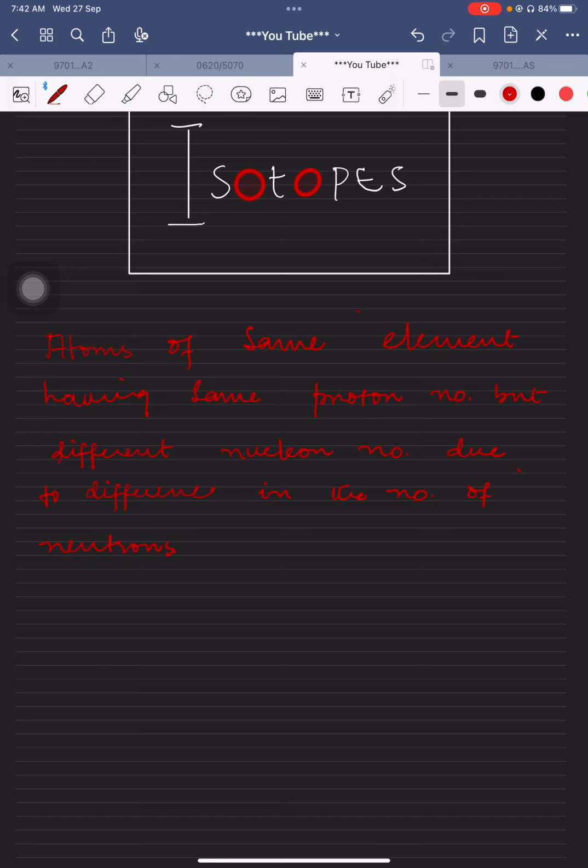So you can keep this information in your mind very clearly. Neutrons are not matching. Okay, neutrons not matching.